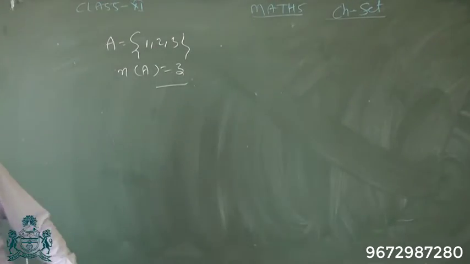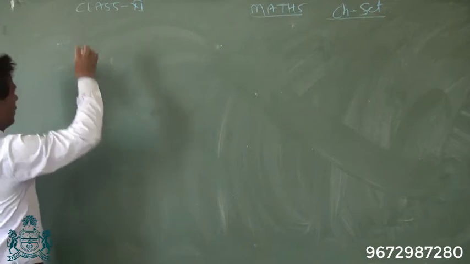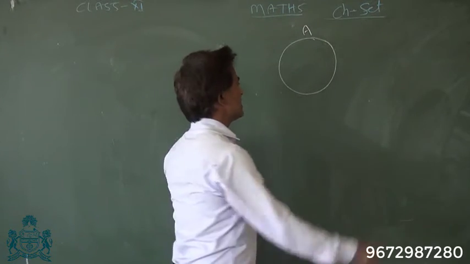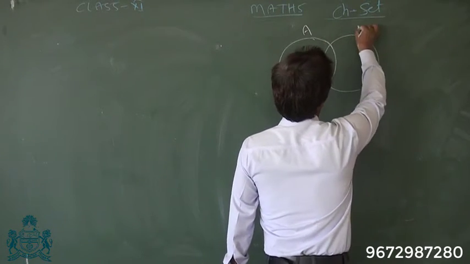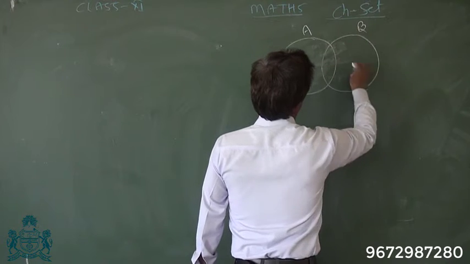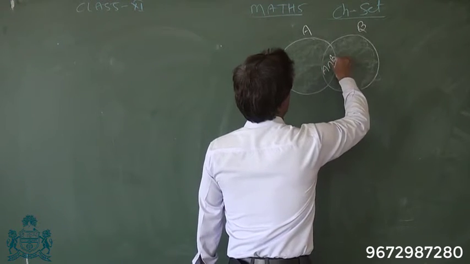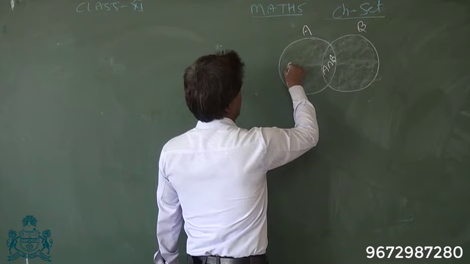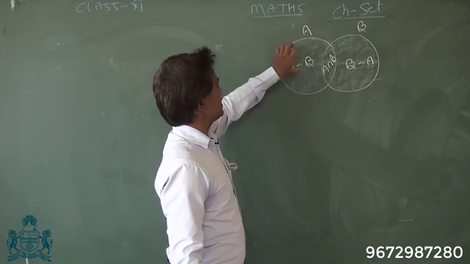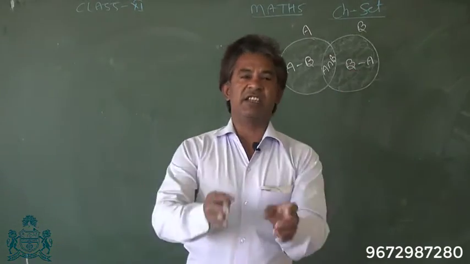So look. Let me suppose this circle is representing set A and this circle is representing set B. Then this whole area represents A union B, in which this common part represents A intersection B. This one is called A minus B and this one is called B minus A. These 3 sets, A minus B, A intersection B and B minus A, are disjoint sets.